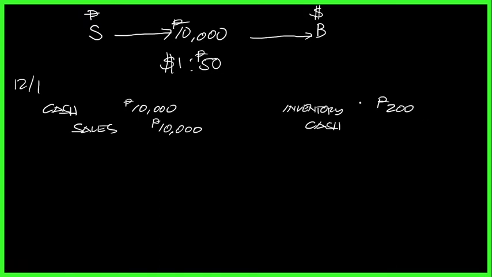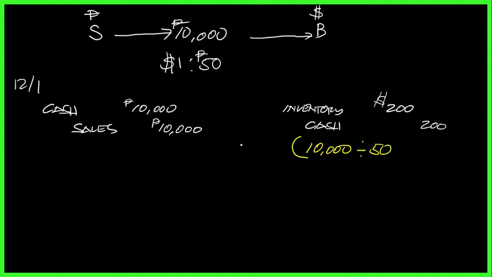How did we get $200? This can be computed by dividing 10,000 pesos by 50 pesos, which came from this exchange rate.